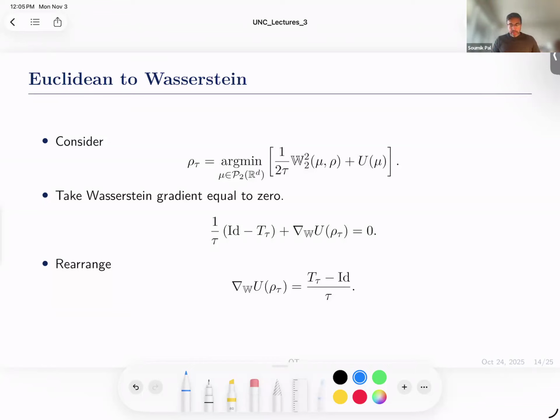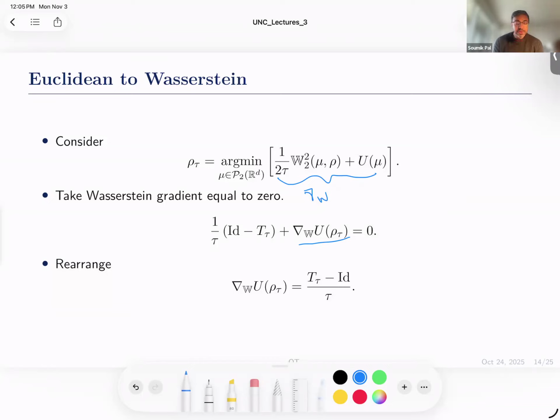Now, I have to take the Wasserstein gradient of this entire quantity. And so it's the Wasserstein gradient of the first term plus the Wasserstein gradient of the second term. The Wasserstein gradient of the second term is exactly what it is. This is by definition the Wasserstein gradient of U at rho tau. Remember, rho tau is where the minimum is achieved.